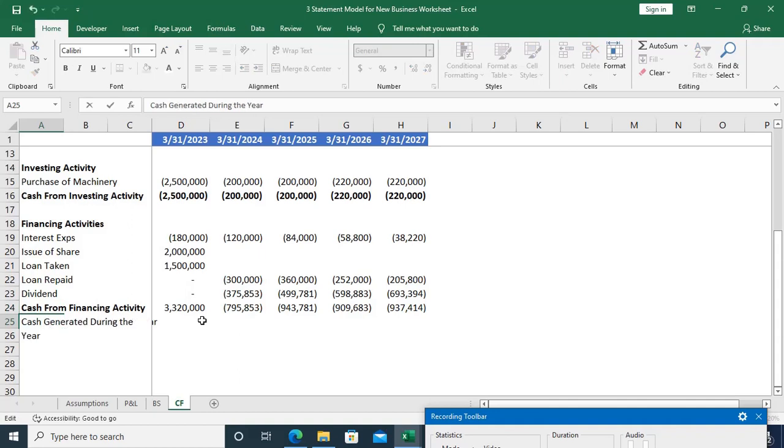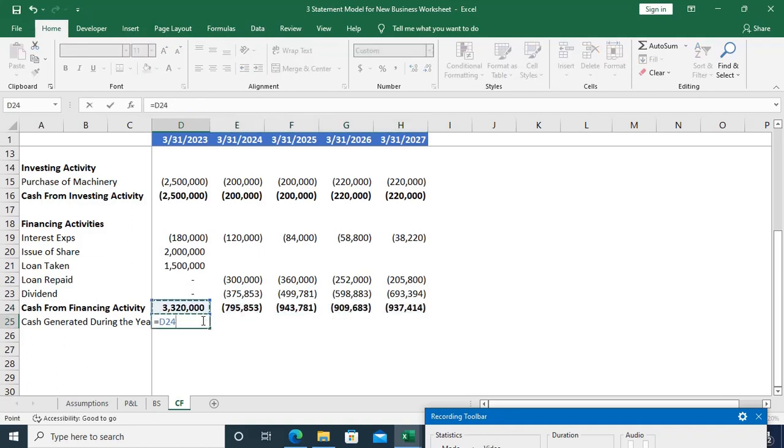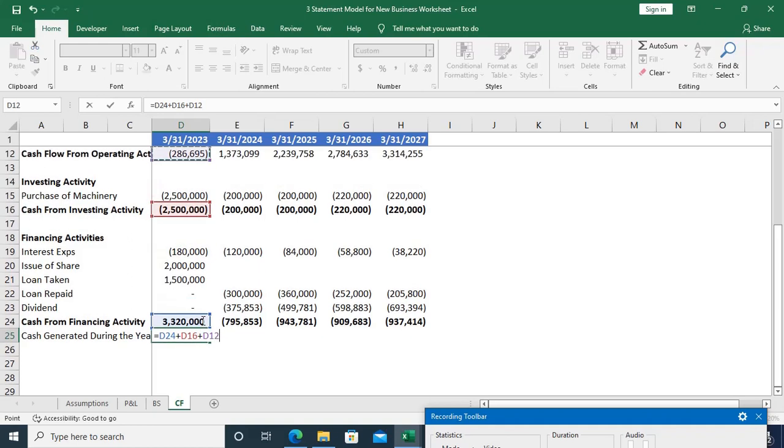Cash generated during the year is supposed to be cash from financing, cash from investing, cash flow from operating activities.